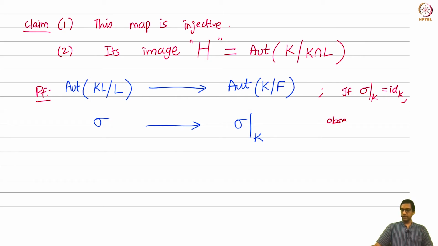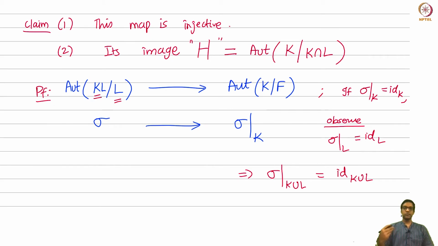Observe that sigma on L is definitely the identity, because sigma came from this subgroup, which is identity on L. This implies that sigma is necessarily the identity on K union L. But KL is just the smallest subfield of C generated by the union of K and L. So if sigma is identity on the union, it follows easily that sigma is identity on KL.